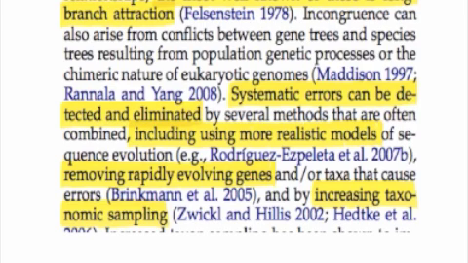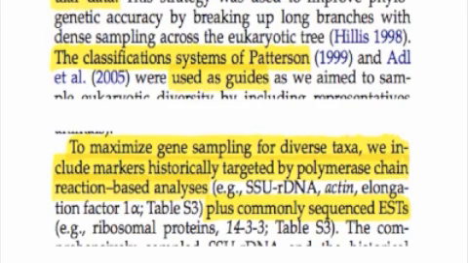Yeah. And they go through in the introduction reasons to do this, which include long branch attraction, taxonomic sampling issues, et cetera. What they did, again, was basically identify lineages that prior phylogenetic results said were evolutionarily novel, based upon morphological features, which is actually what they use, this classification system of Paddy Patterson, who does morphological-based classification.